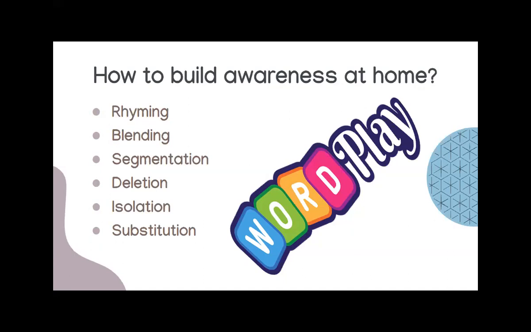So you can do words with isolation. You can ask, the word cat, what's the first sound you hear in the word cat? And hopefully they're able to tell you k. And then you can ask them, okay, what letters make the sound k? And as they learn, they will be able to understand that both K and C make the sound k.